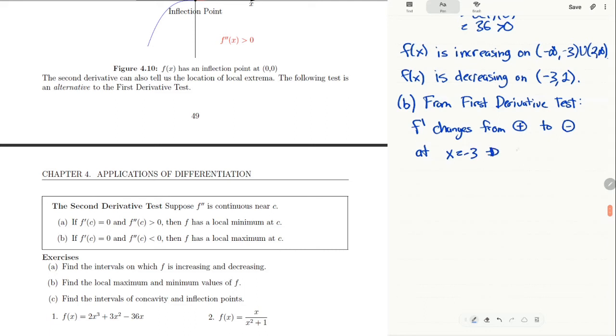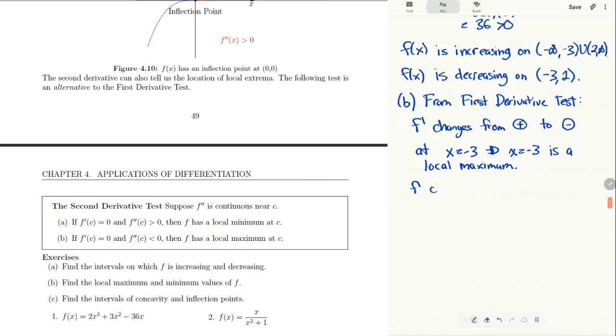So this tells us that negative 3 is a local maximum. And if f prime changes from negative to positive at positive 2, that will tell us that positive 2 will be a local minimum.